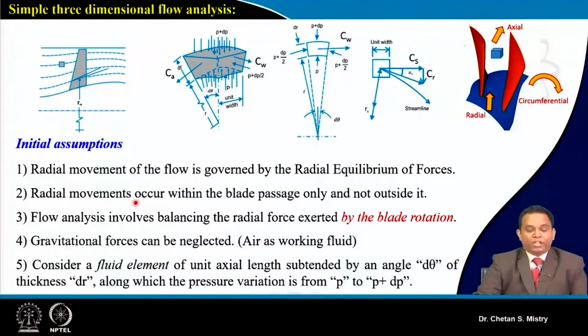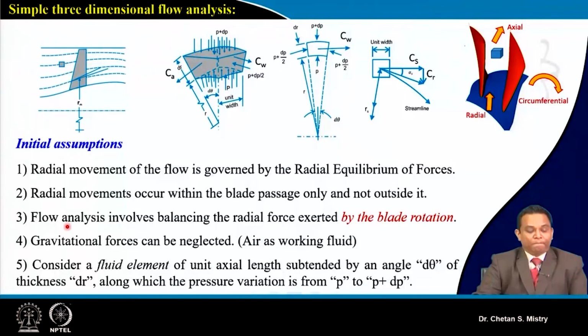The radial movement will be occurring within the passage only, not outside. Be careful, we are not interested in analyzing what is happening between stator and rotor or in the diffusing passage. We are at this moment interested in what is happening in our blade passage.